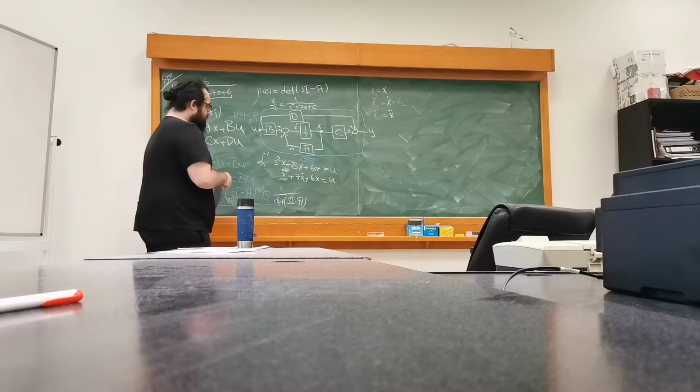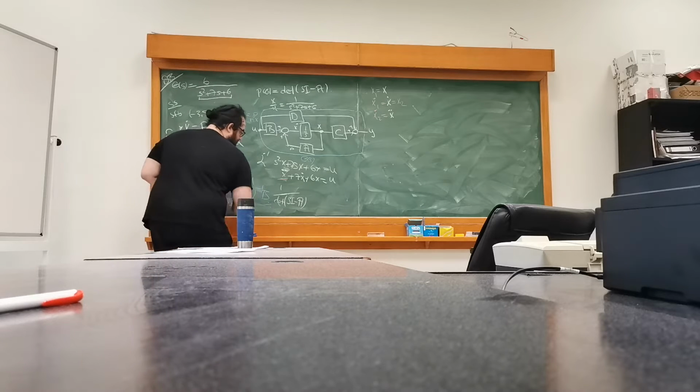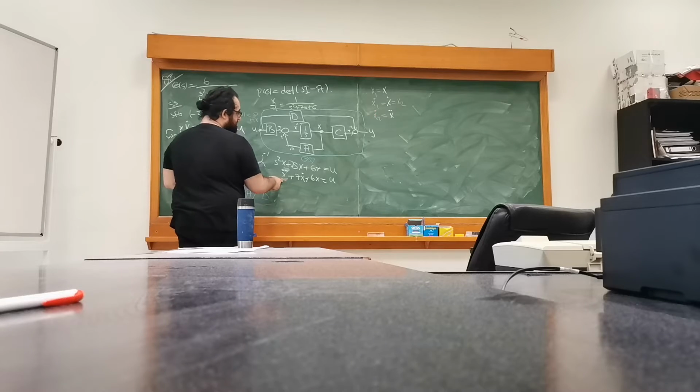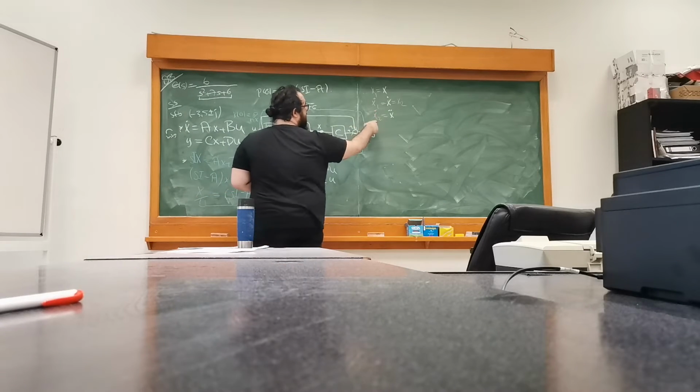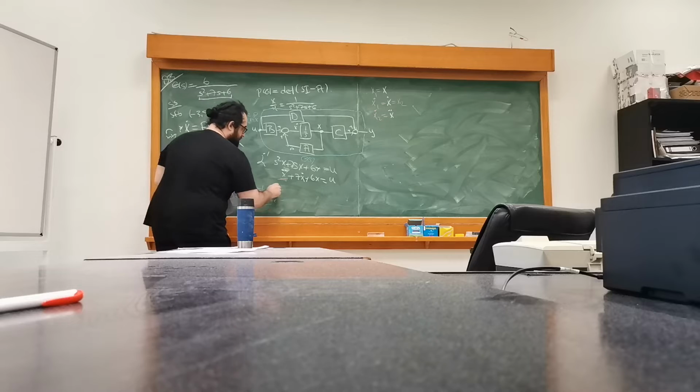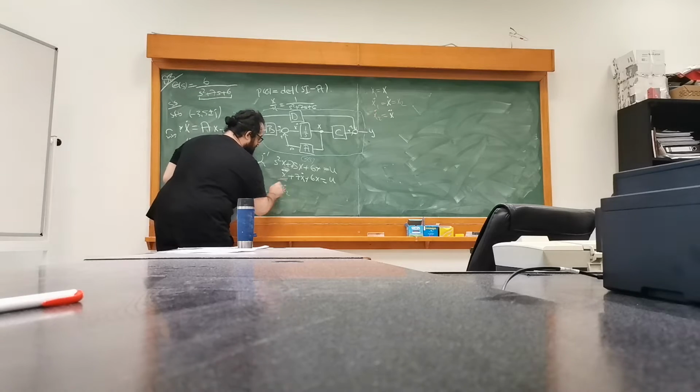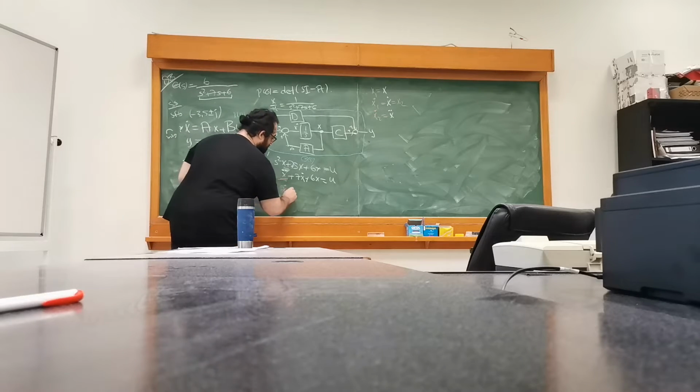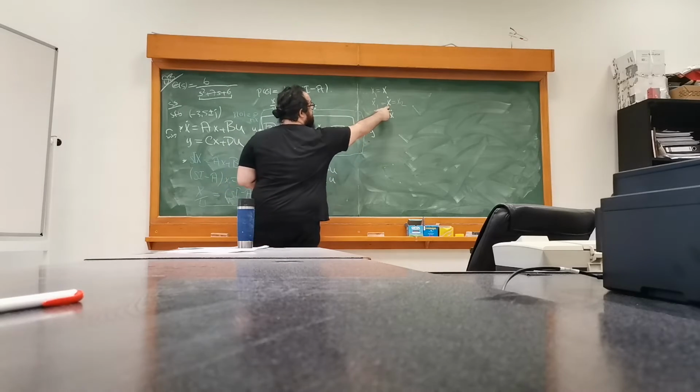So therefore, this equation becomes the following. Since I have x double dot, instead of that I can write down x2 dot, and then plus 7, well x dot is basically x2.